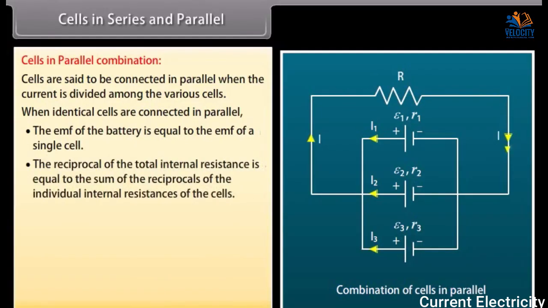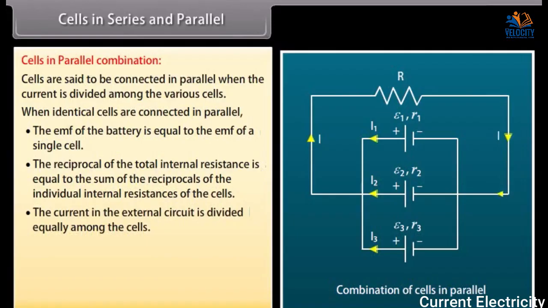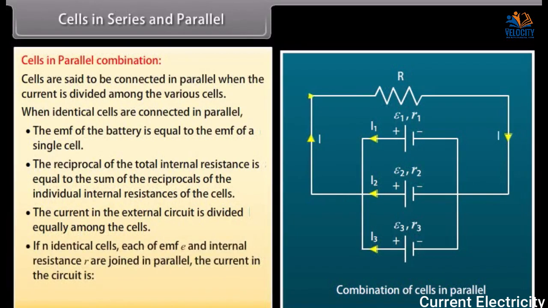The reciprocal of the total internal resistance is equal to the sum of the reciprocals of the individual internal resistances of the cells. The current in the external circuit is divided equally among the cells. If n identical cells, each of EMF E and internal resistance r, are joined in parallel, the current in the circuit is equal to nE divided by (r + nR).